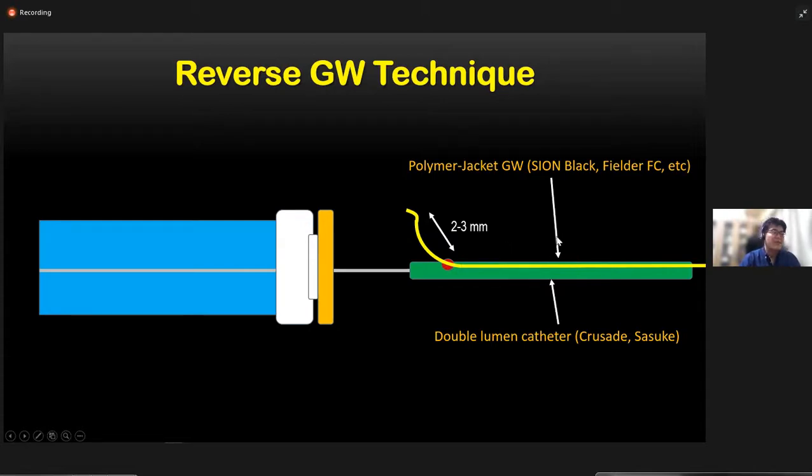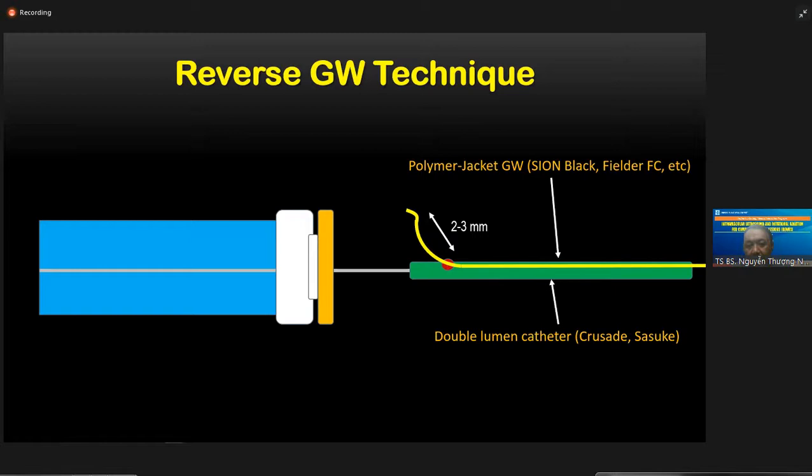However, in some cases, if the length is too short, it is also difficult to advance the guide wire to the side branch. So, of course, in some cases we fail to advance the reverse guide wire, because this wire is intentionally fractured.